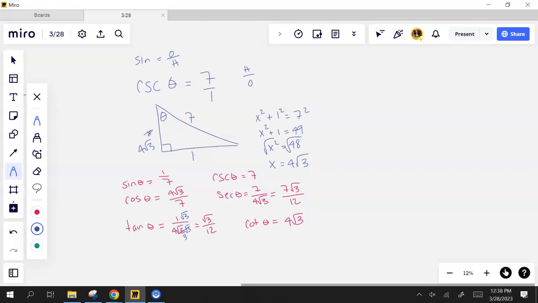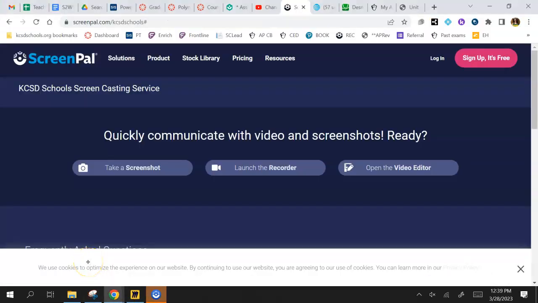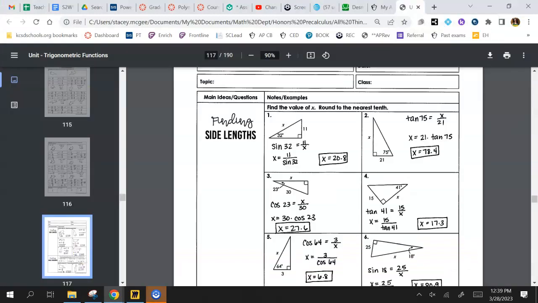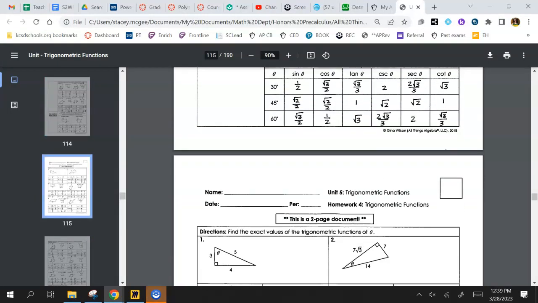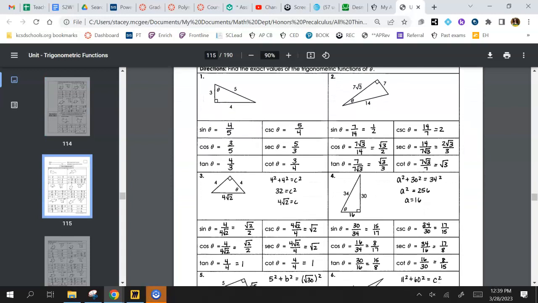All right, what else from your homework? Want me to throw the answers up here real quick? Did I put square root of 3?